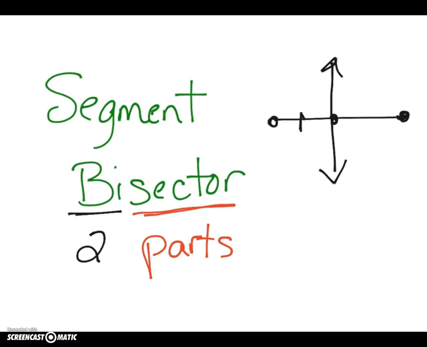If we're saying this half here and this half here are the same length, and this line, or line segment, or it could be a ray, cuts the other line in half, then that line would be a segment bisector. So this would be an example of a segment bisector.